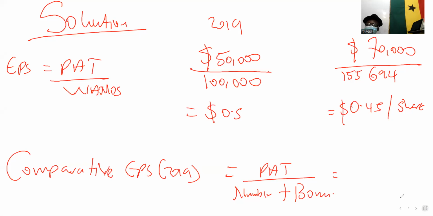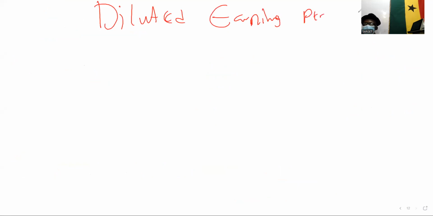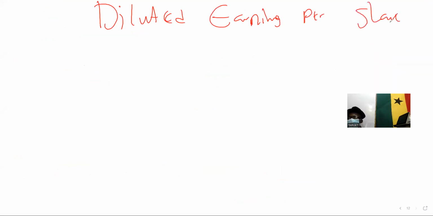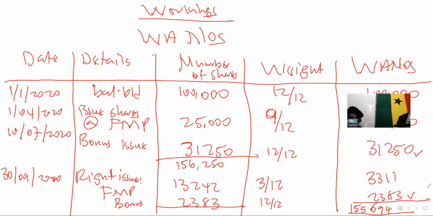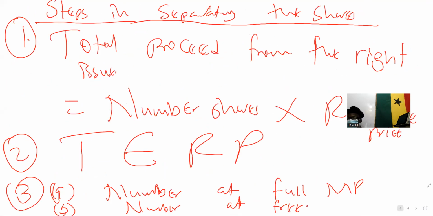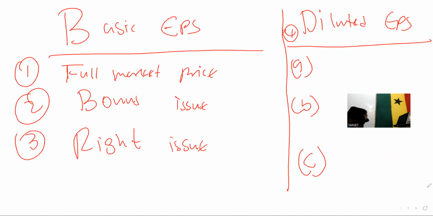Diluted earnings per share. Dilution of shares. We call it DPS. What we've done so far is the basic earnings per share. But let me explain dilution here.